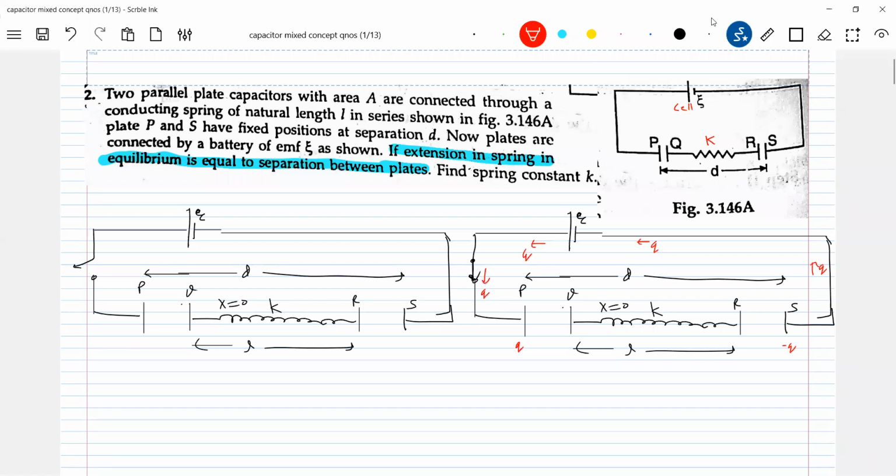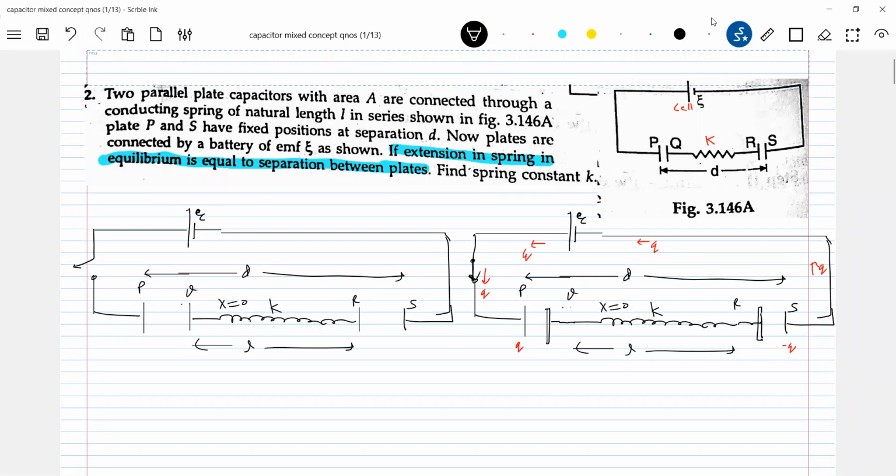So what will be the position of the plates as they shift? The plates are going to shift, so it comes like this. Let's assume these plates shift. Now what was the natural length? That L will be there like that only, no? I didn't disturb it.